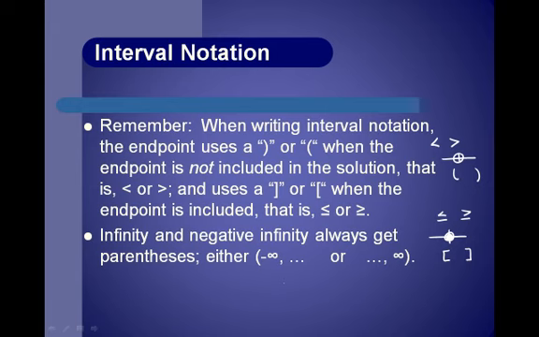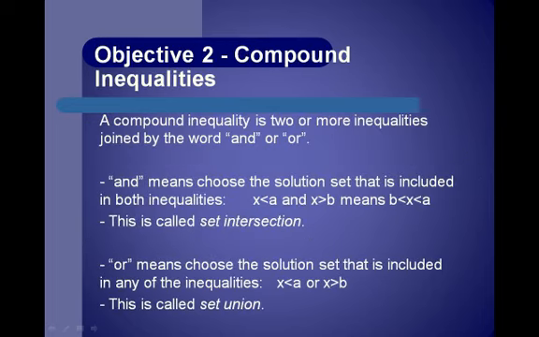So if the graph is going back to the left, then your interval notation starts with negative infinity and goes up to whatever the number is. Or if the graph is going off to the right, then you have your number going up to infinity, which ends in a parenthesis. Objective 2.